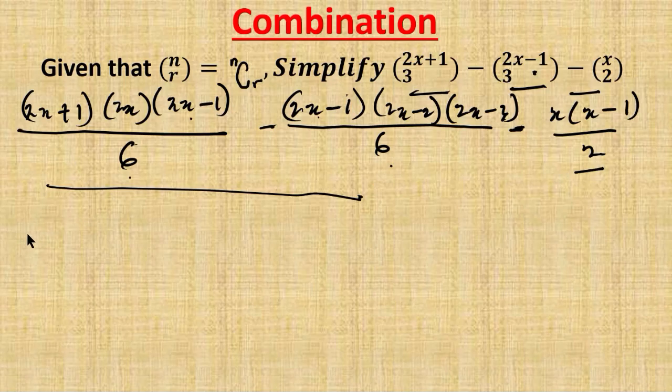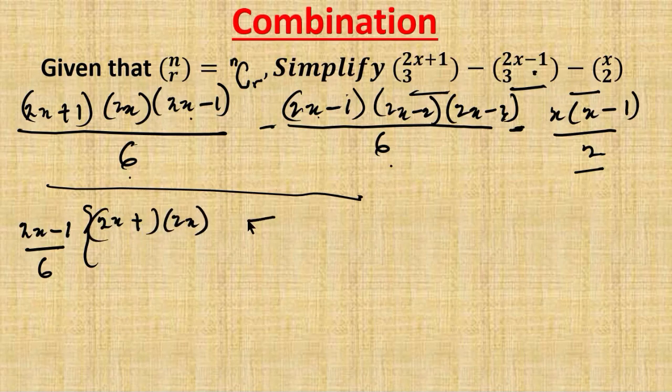So I can easily say that this is (2x minus 1) over 6 into [(2x plus 1) into (2x minus 2), bracket close again, into (2x minus 3)]. Then I can close up the large bracket. I'm just solving for this part first.